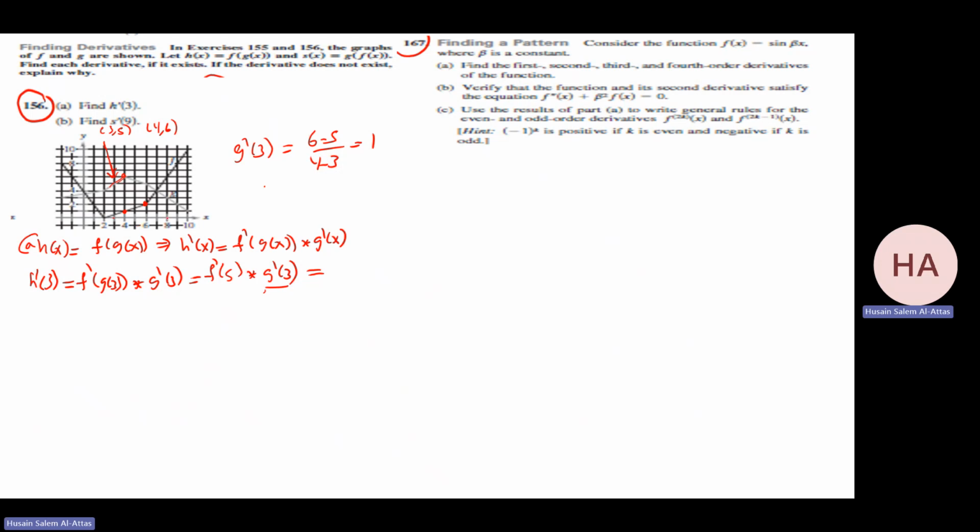It's 6 and 2. What about this point? It will be 4 and 1. So f prime at 5 is 1 minus 2 over 4 minus 6. So it will be half. This is f prime at 5. The answer is half. We will do the same for s prime.